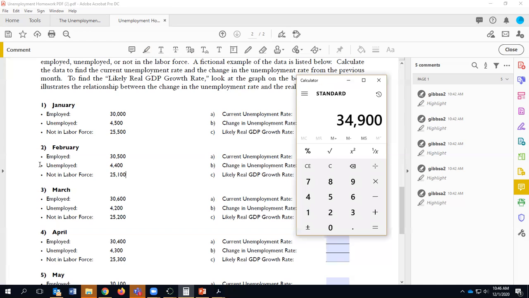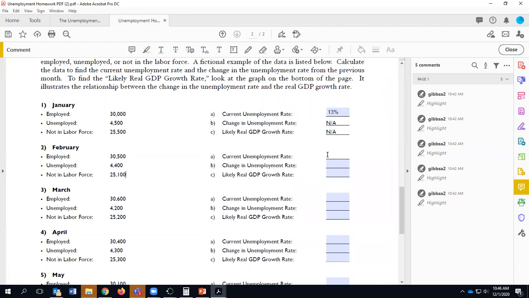And then we take our top number, which is our unemployed rate, so 4,400 divided by this. So we got 4,400 divided by 34,900. So that's 12.6%.